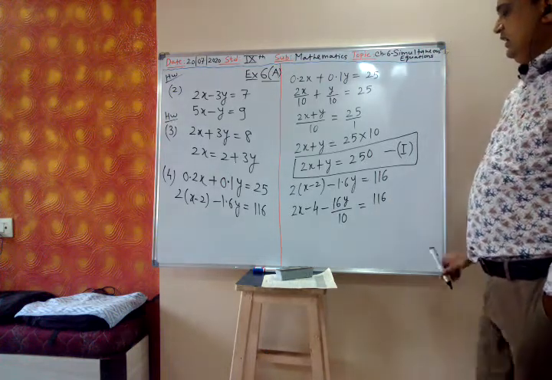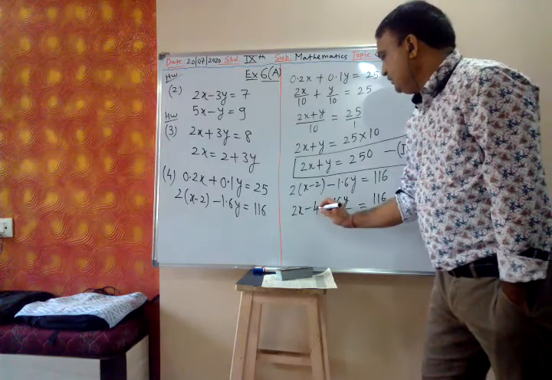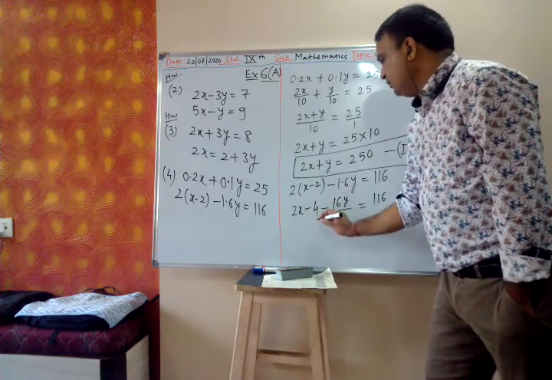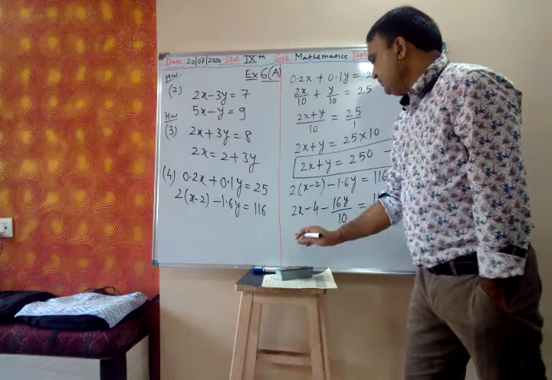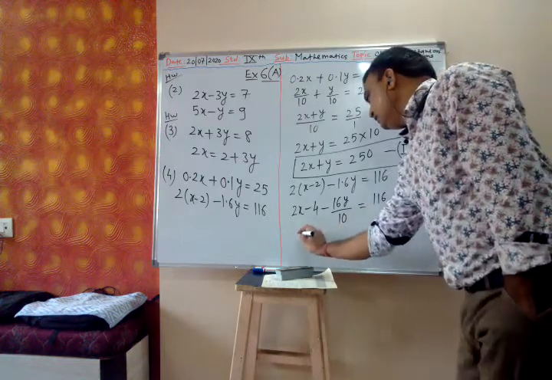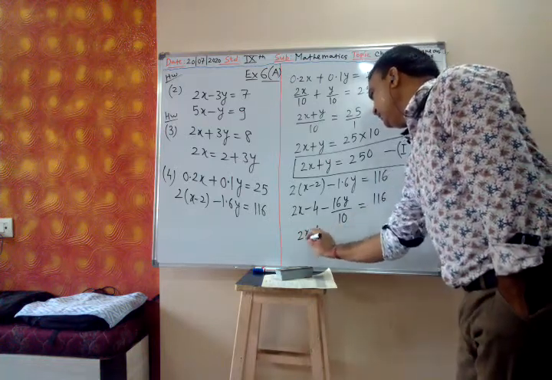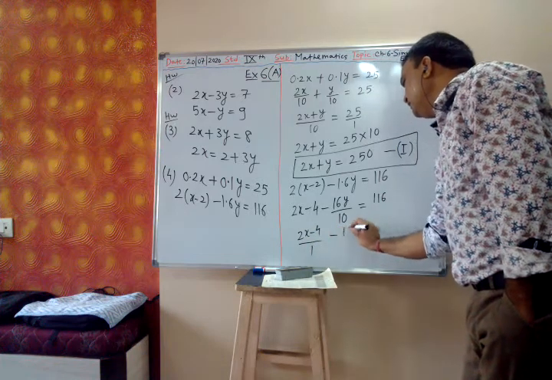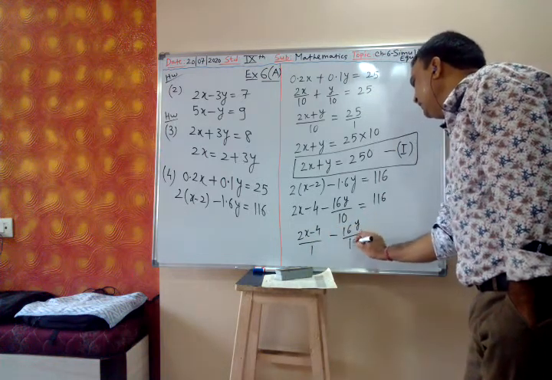Now 2x minus 4 means 2x minus 4 upon 1, minus 16y upon 10.